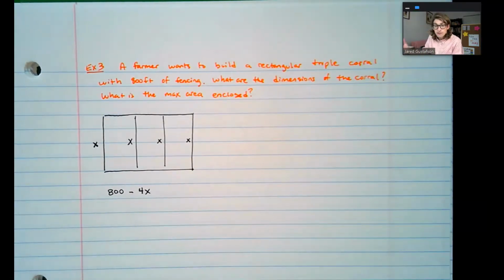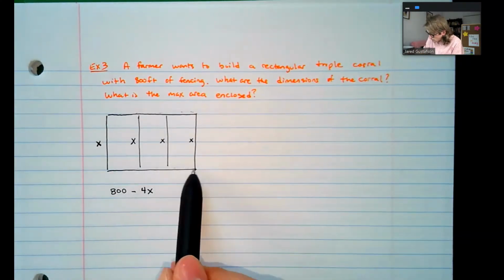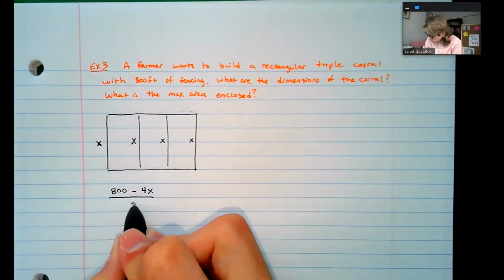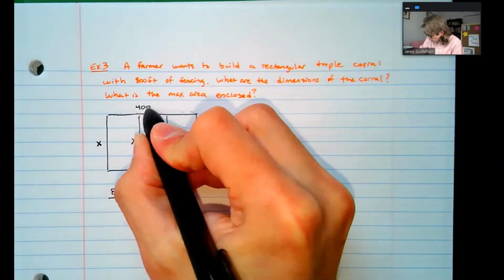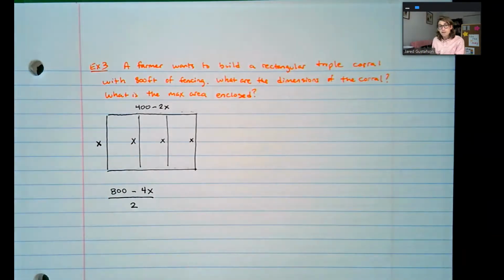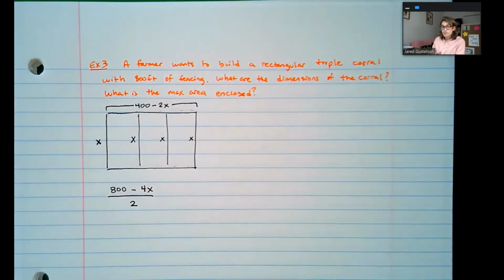And then with whatever's left, it has to extend across the top and bottom. So what do we have to do? We have to divide that by 2. So what are we going to label across the top and the bottom, if you'd like? 400 minus 2x. So that is how we can represent one side in terms of x.